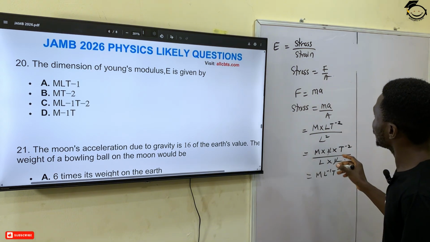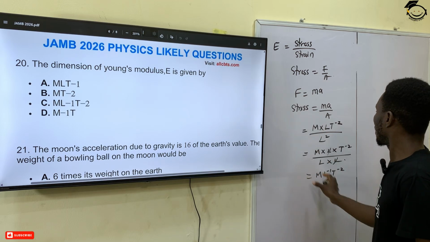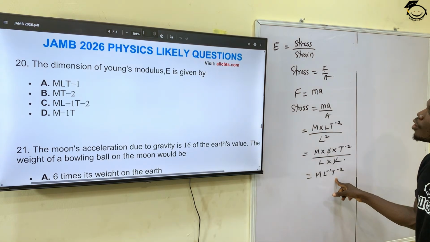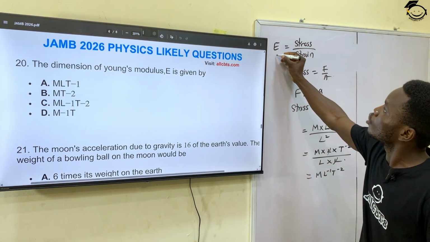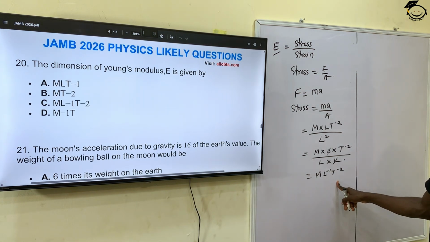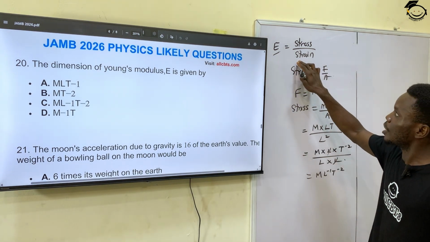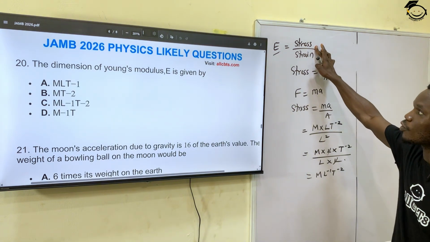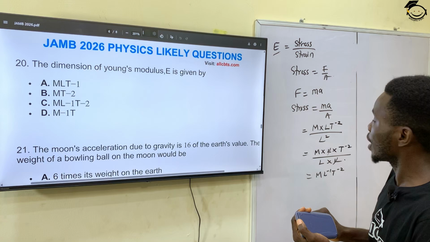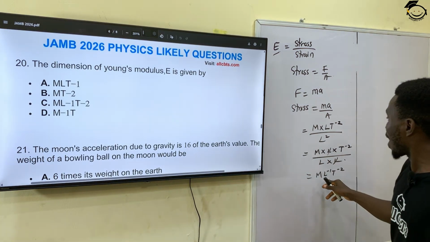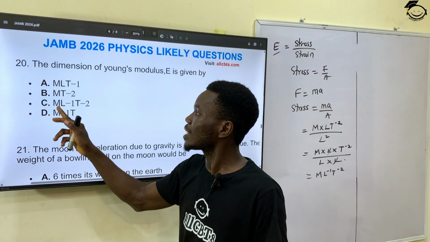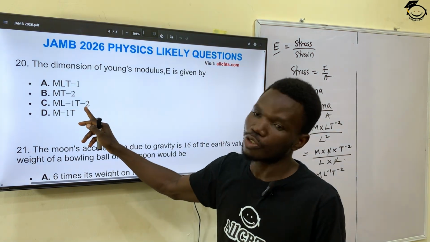And it also means that if stress is mass per length per time square, automatically our Young modulus will also be mass per length per time square, because strain here is dimensionless, which means that the dimension for stress is also the dimension for Young modulus. So looking at our options here, we're looking for the one that has mass per length per time square, and that is option C.